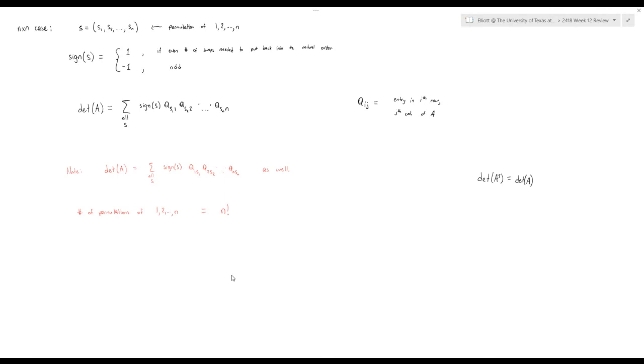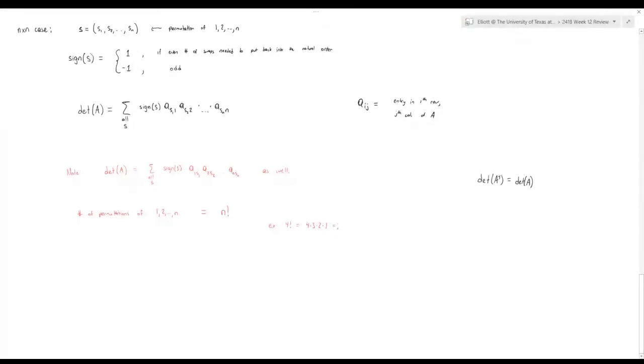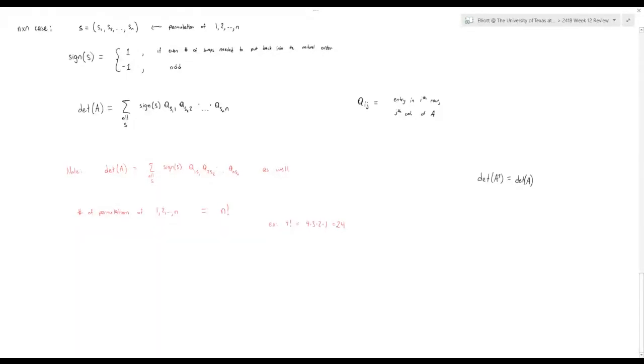So as an example, if n is equal to 4, 4 factorial, remember factorial is 4 times 3 times 2 all the way to 1. So when n is 4, there are going to be 24 permutations of the numbers 1 through 4. So this big formula would have 24 terms being added together for the n equals 4 case.